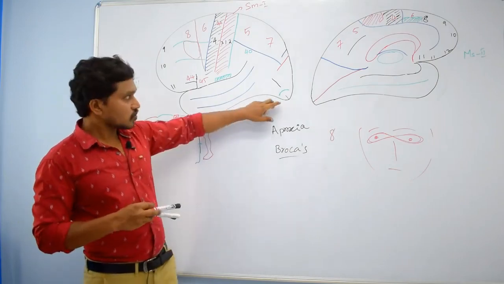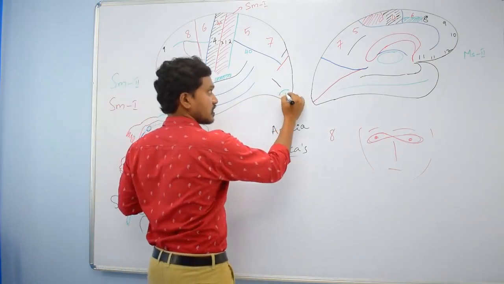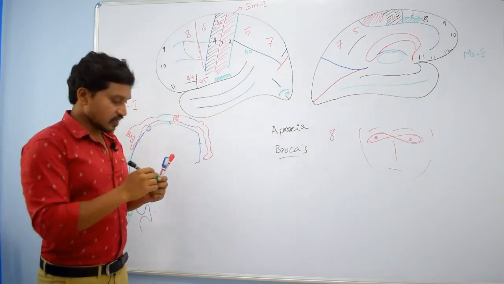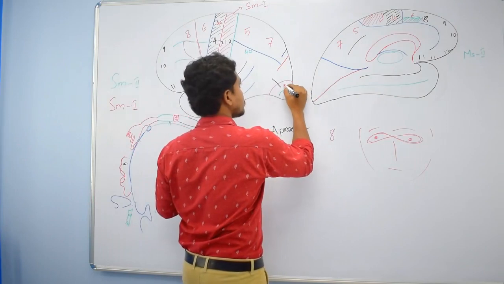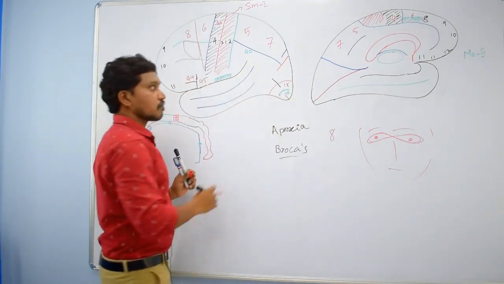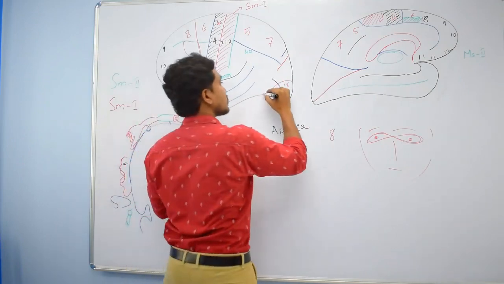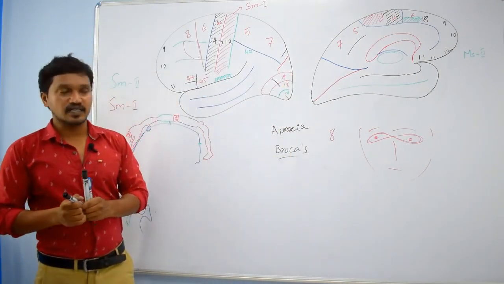Here this is area number 17, that is the striate area. Area number 18, post-striate area. Area number 19, peristriate area.